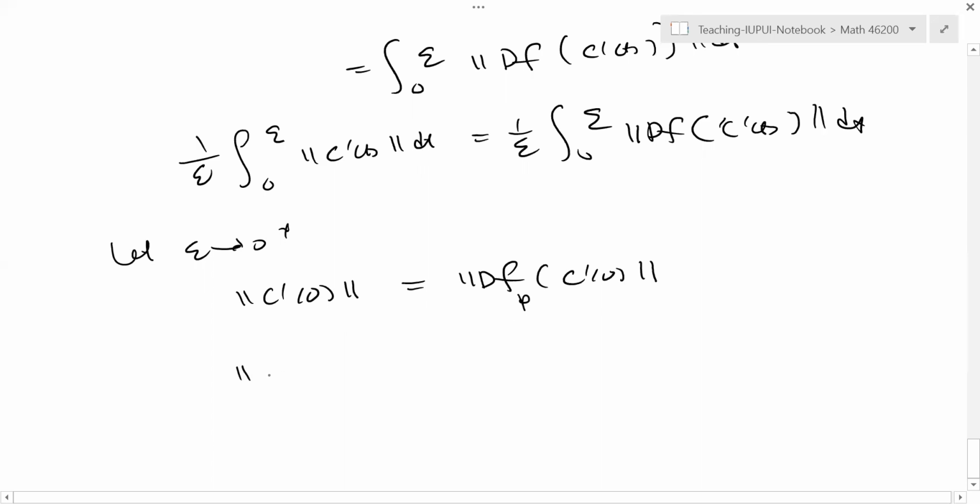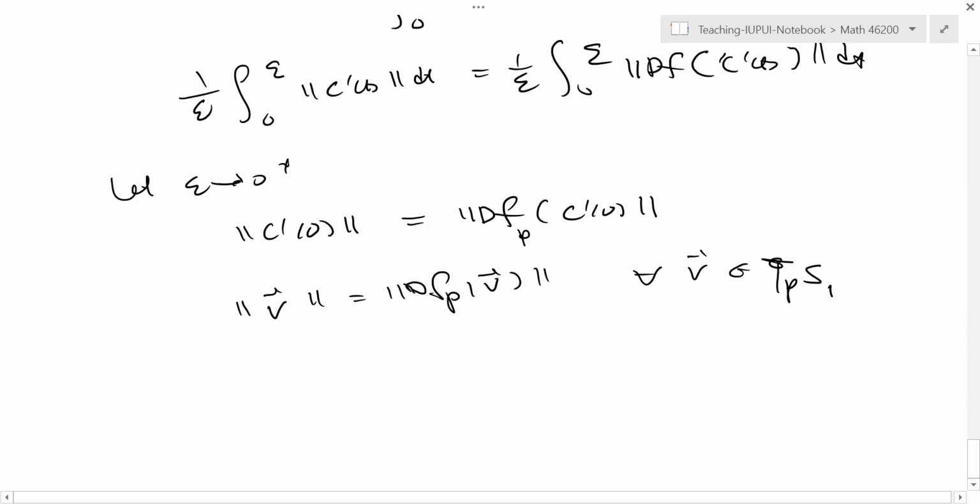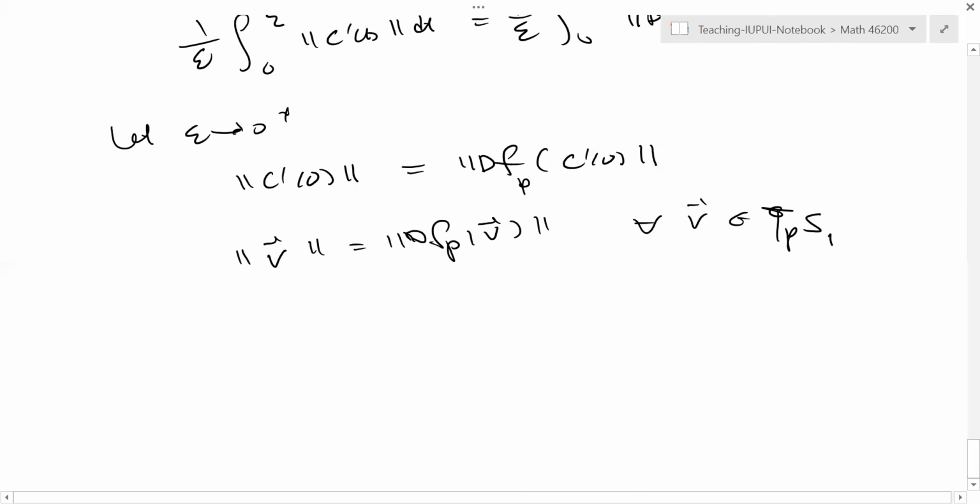So that means this is always true for the tangent vector at point P. A linear map preserves the length of the vector. You can show that it preserves the inner product, because then the inner product can be expressed as, just think about how you solve this problem.